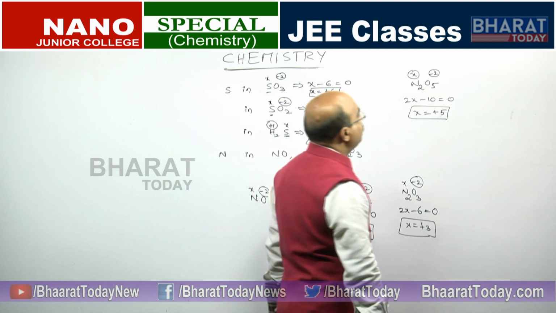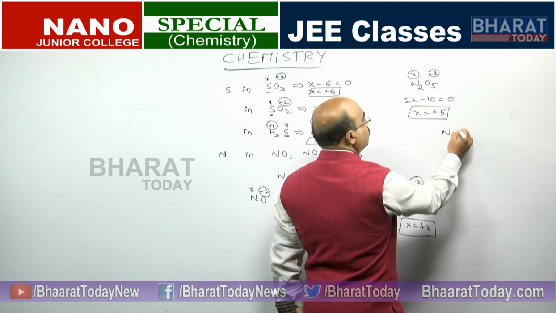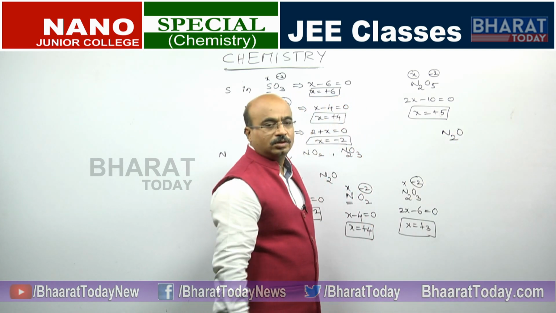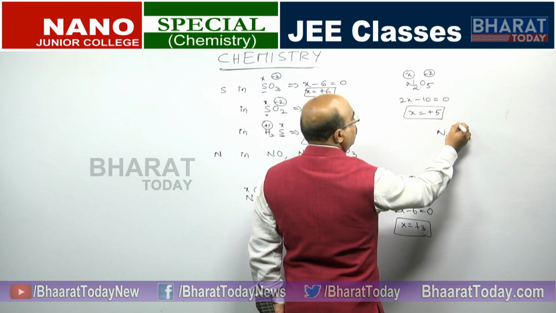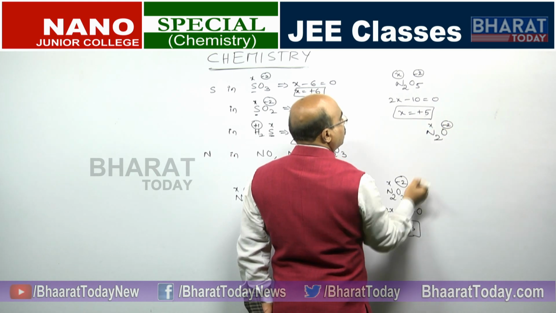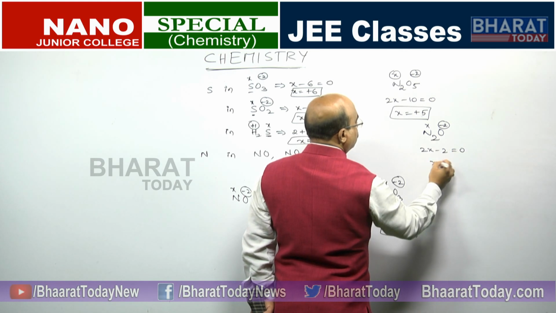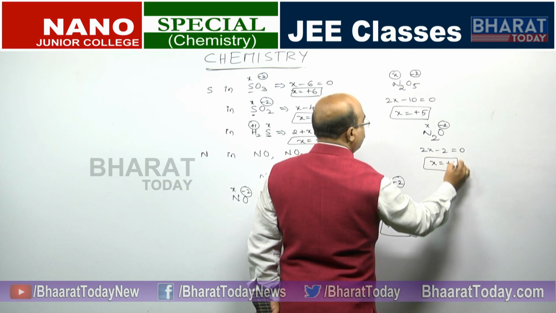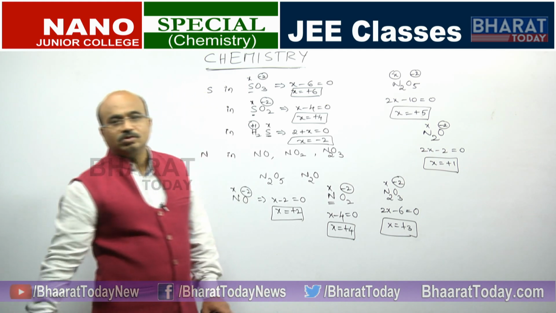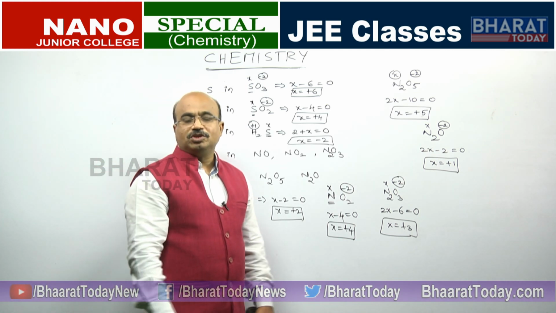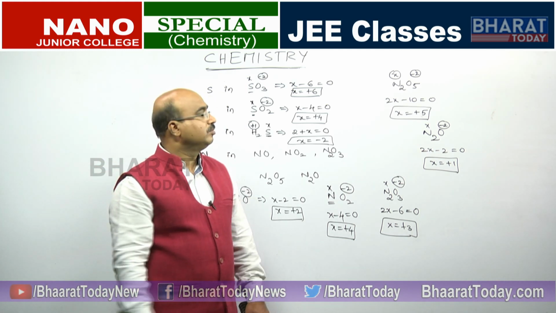Then N2O: oxygen is again -2, 2X minus 2 is equal to 0, X is equal to +1. So, these are the answers for what I gave in the previous class.